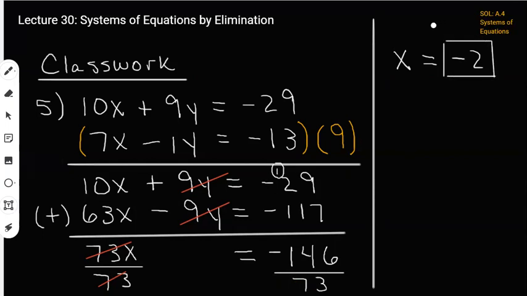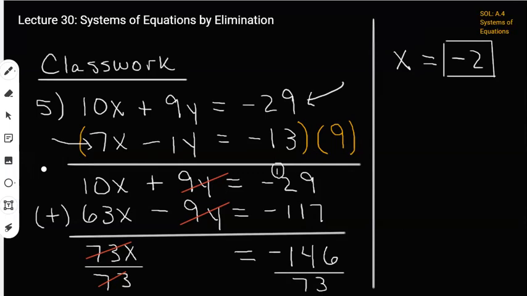So now that I know what x is, I need to find out what y is. How can I do that? I can plug back into the top equation right here, or I can plug back into the bottom equation right here.